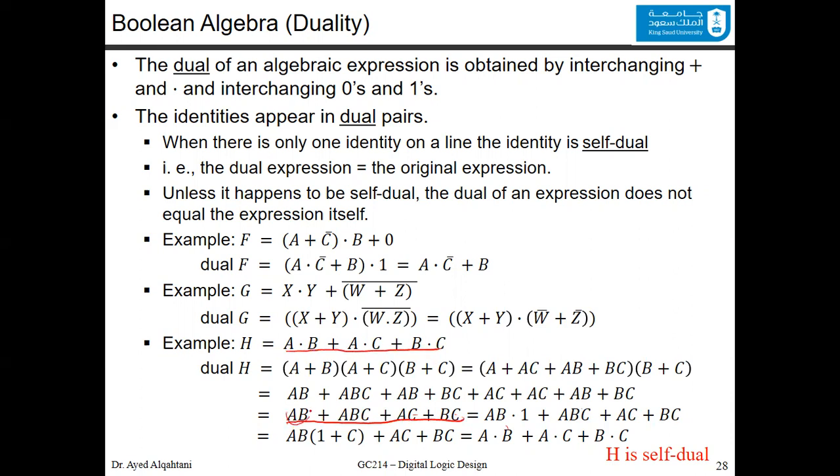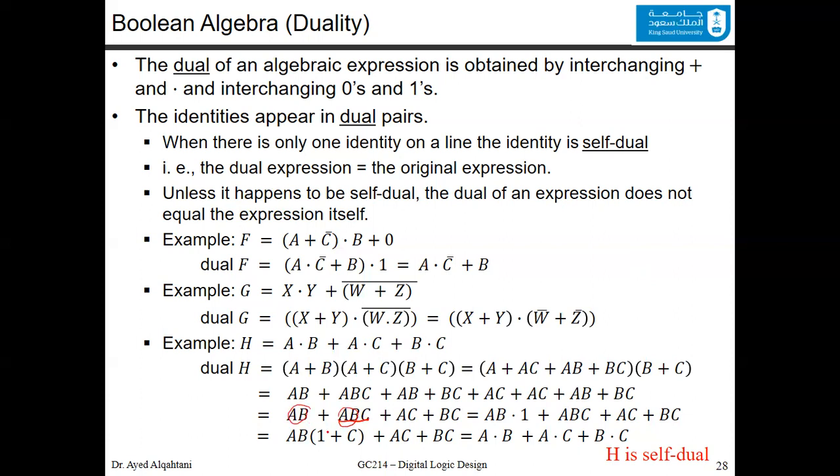So you notice that you have AB here. You also have AC, which is this one. You also have the BC, which is this one. But you have an additional term you want to take out. One way to take out an additional term is to try to find something that resembles it in the other terms. You can see here that you have an AB here and AB here.